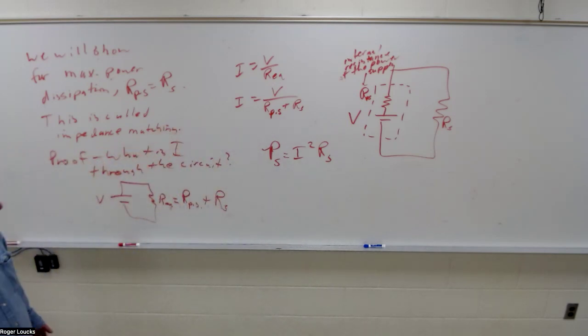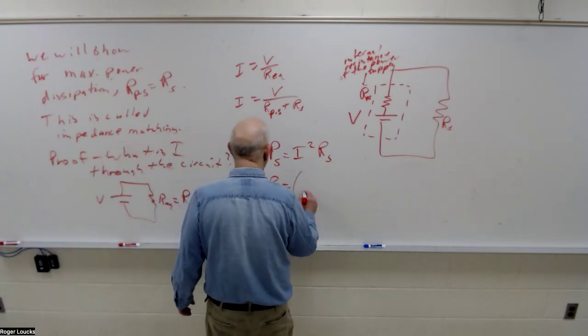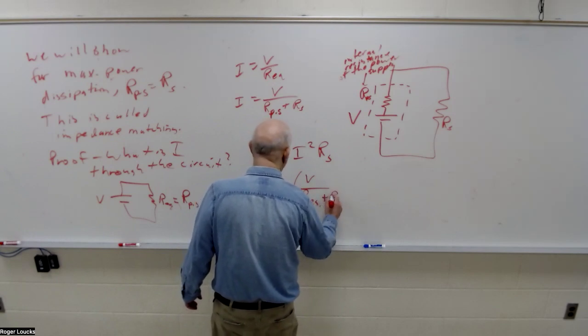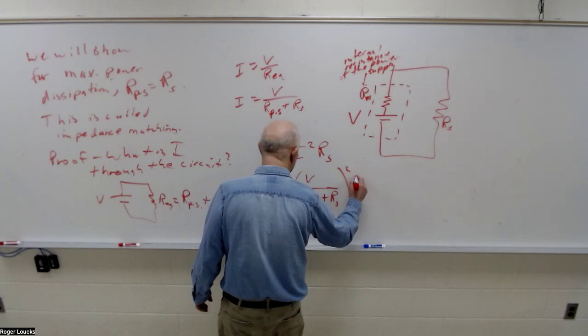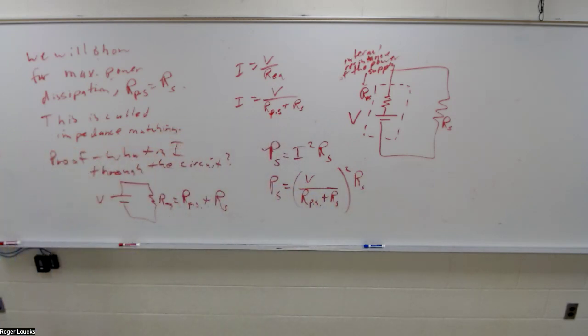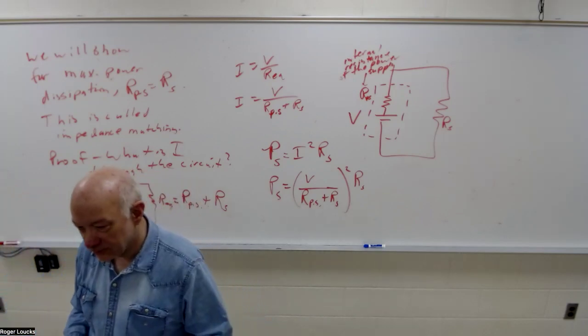Okay. So what this is going to give me is V over R_PS plus R_S, squared, times R_S. Okay, you people who are in Calc 3 or differential equations or something beyond Calc 1: if I want to know the maximum power supplied by this, what would I do?